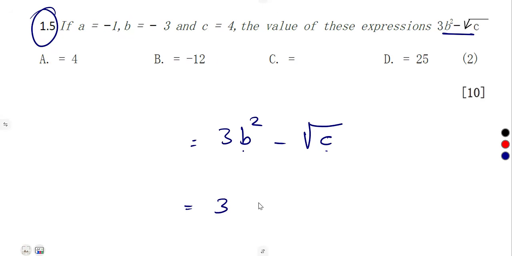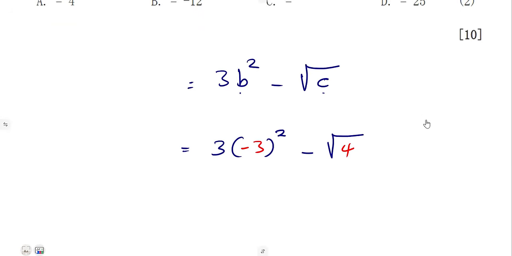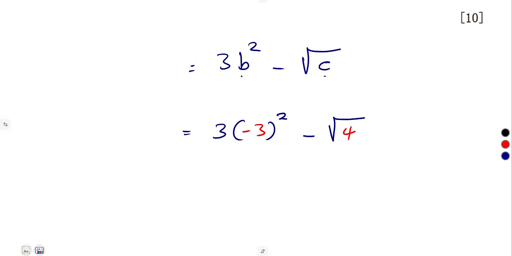Just substitute 3 times b. Our b is -3, so that's a -3 being squared, minus the square root of c. Our c is 4. Remember I said on simplification, the square root, you just take as a positive. Don't worry about plus or minus.